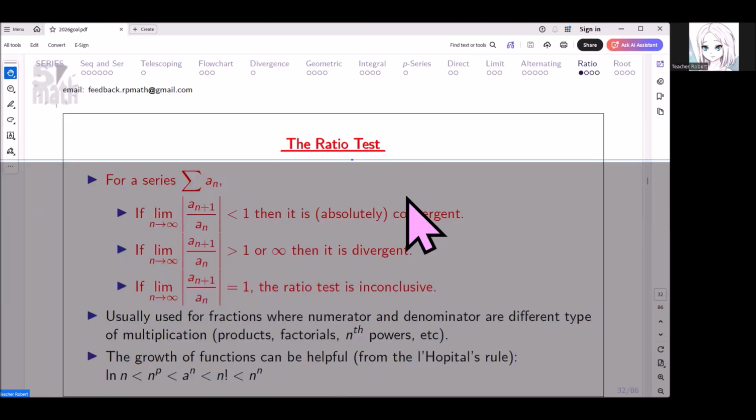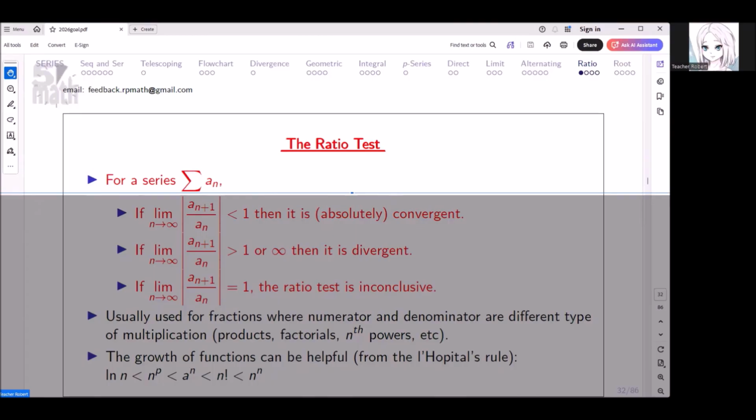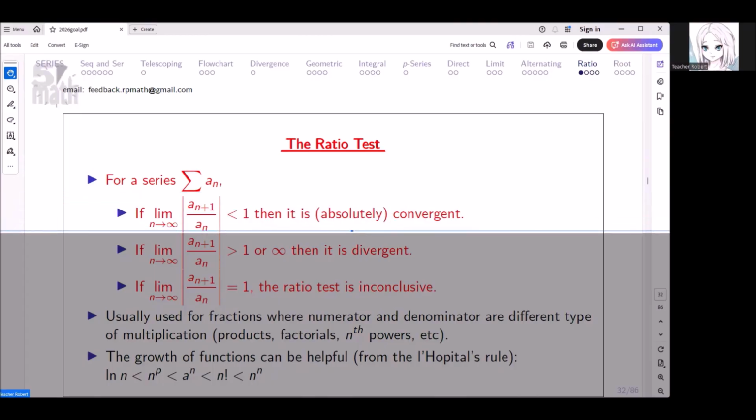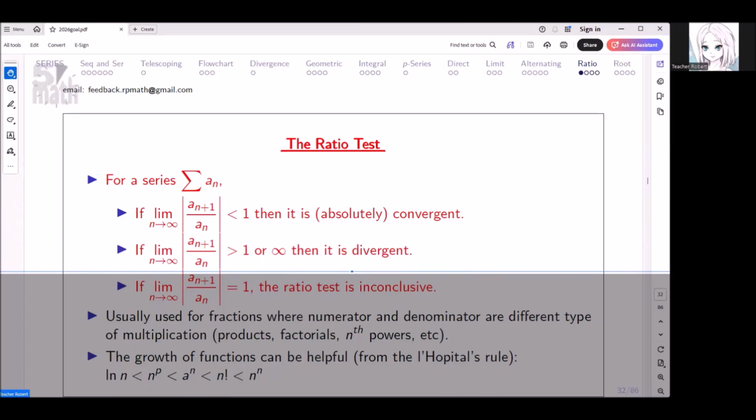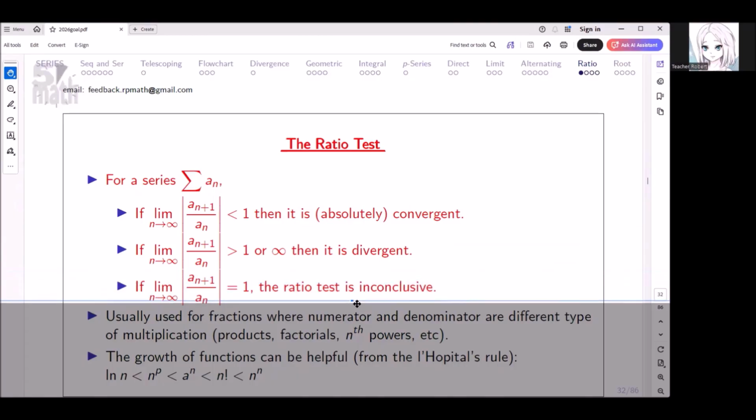The ratio test. For a series a_n, if this less than 1, then it is absolutely convergent. If this greater than 1 or infinity, then it is divergent. If this equals 1, the ratio test is inconclusive.